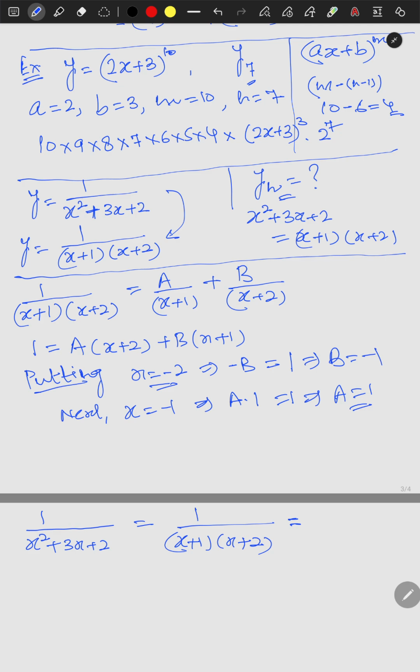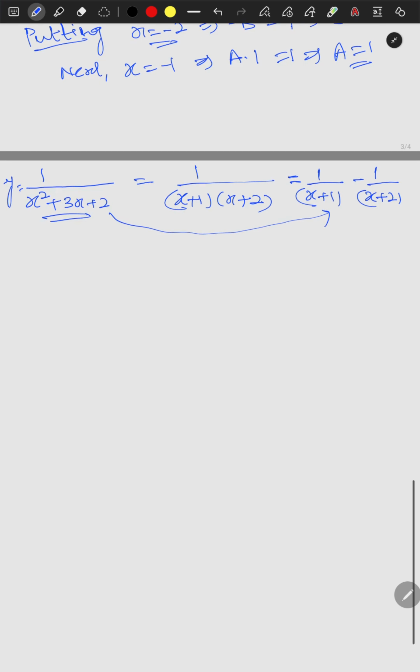So we already obtained the values of a and b, so this is 1 upon x plus 1 minus 1 upon x plus 2. So our function, originally given, we simplified using the concept of partial fractions and obtained 1 upon x plus 1 minus 1 upon x plus 2.